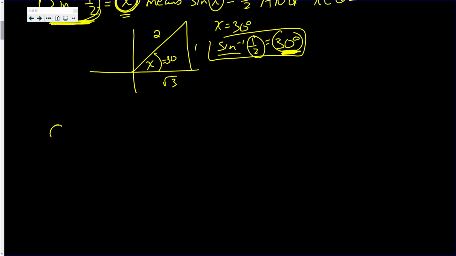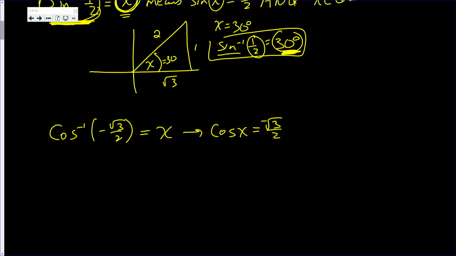What about the cosine inverse of negative square root of 3 over 2? Well, let's call it something. Let's call it x. Well, this means that the cosine of x equals negative square root of 3 over 2, and x is in quadrant 1 or 2.